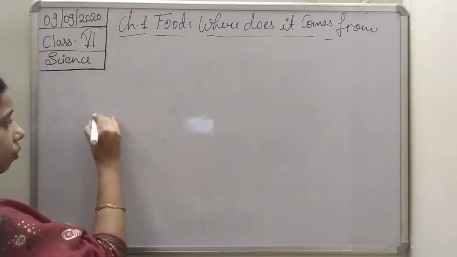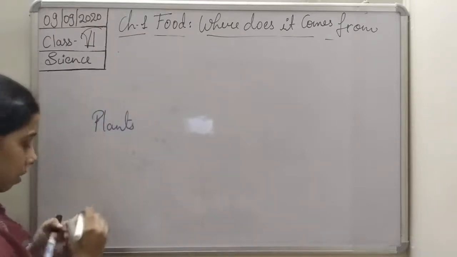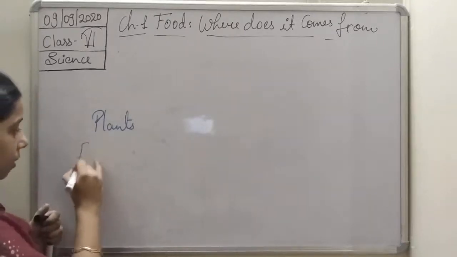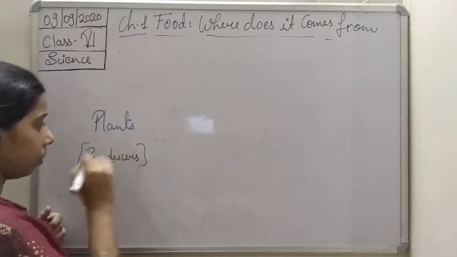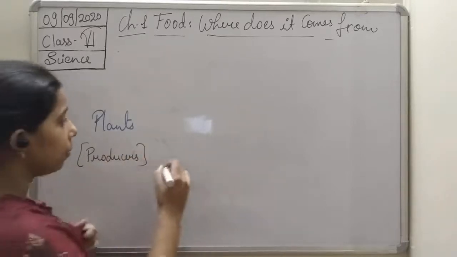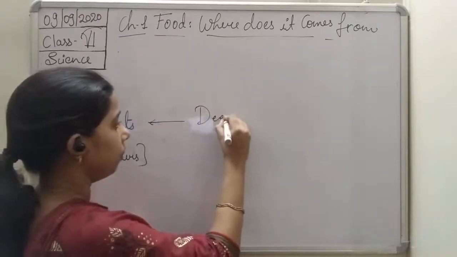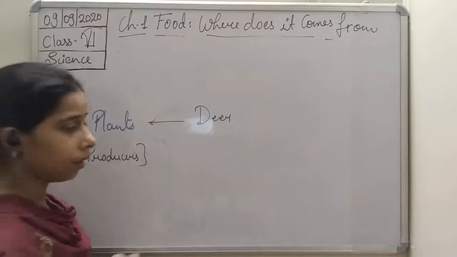Small plant is there, students, so plants. Plants is what? Producing its own food. That's why it is known as a producer. What about the other one? Like plant will be eaten by deer. So deer is what, student? It is a consumer.